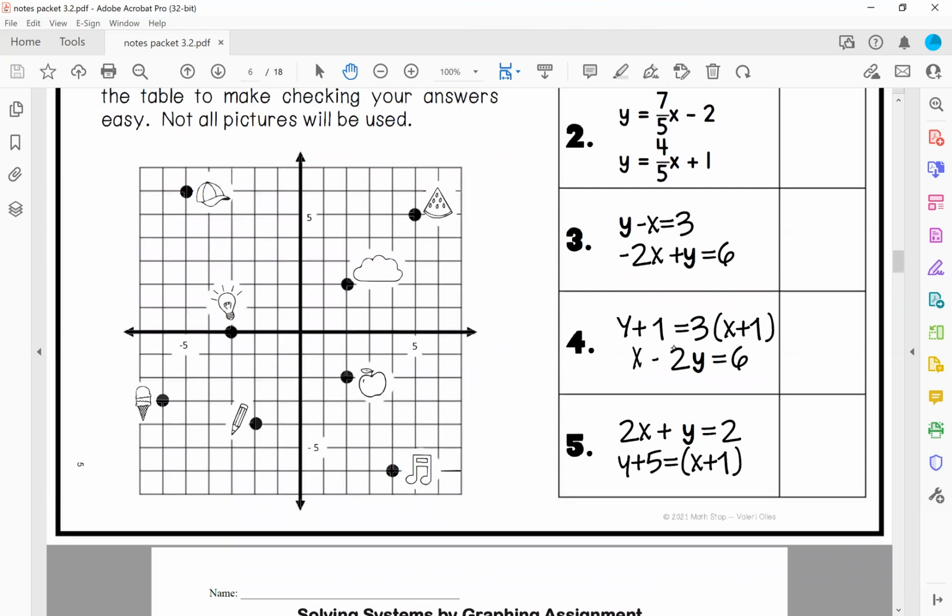On your paper, there's an extra X over here. Please just ignore that. I apologize for that. I think when I was updating it, it just got left behind. So this is just 2X plus Y equals 2. Okay, and solve that like normal so we can graph it.